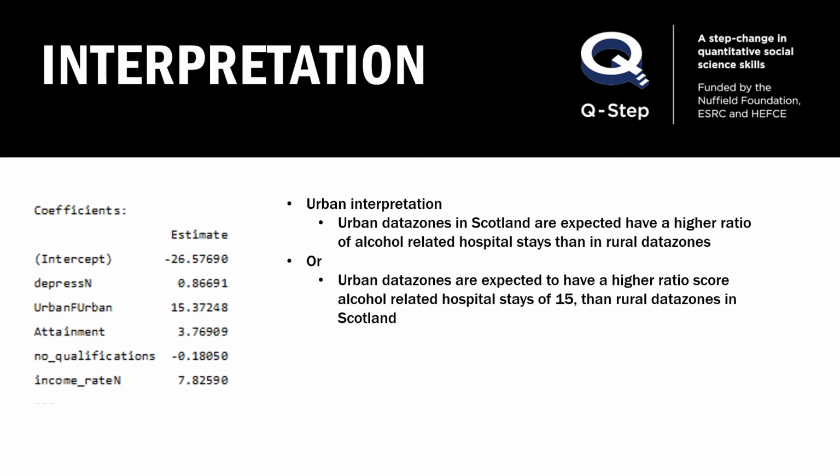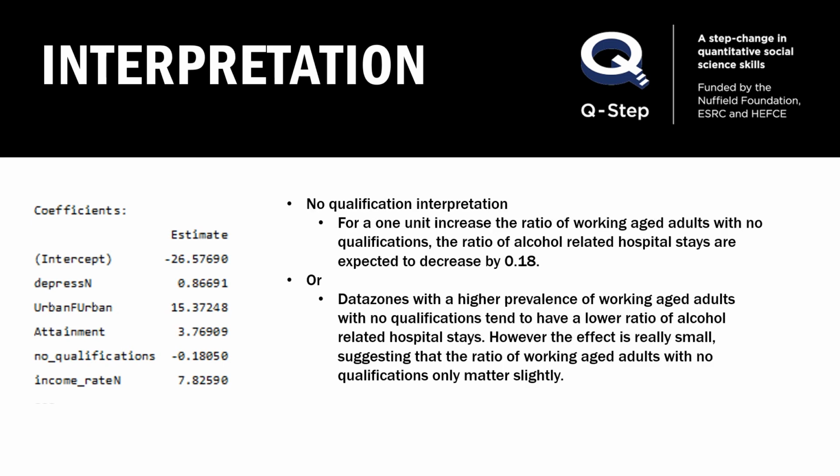If you recollect, our attainment variable was not significant, so we do not include an interpretation. We'll move on to the no qualification interpretation. And that rhymes. So we could say for a 1 unit increase in the ratio of working age adults with no qualification, the ratio of alcohol-related hospital stays are expected to decrease by 0.18.